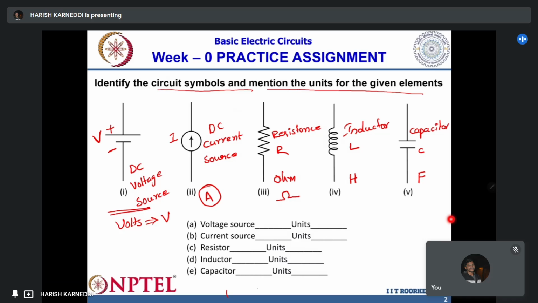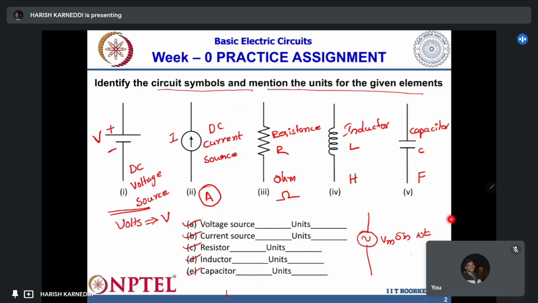I hope all these questions are clear: voltage source, current source, resistance, inductor and capacitor. If you want to represent an AC voltage source, how will you represent it? Instead of the polarities, the AC voltage source is represented with a sinusoidal, with Vm sin omega t.